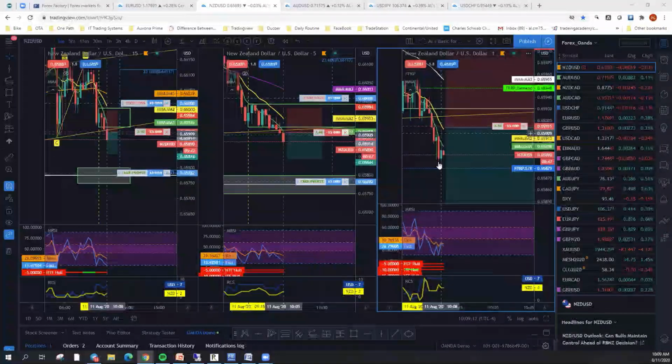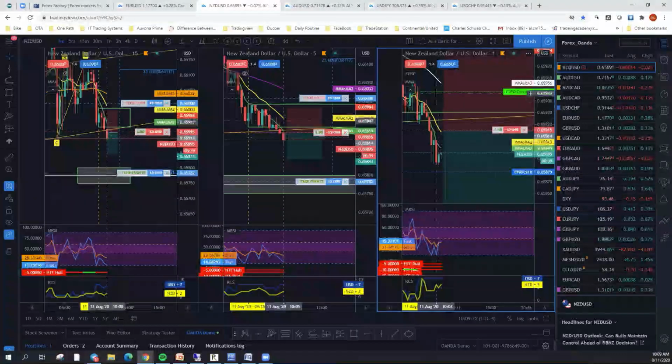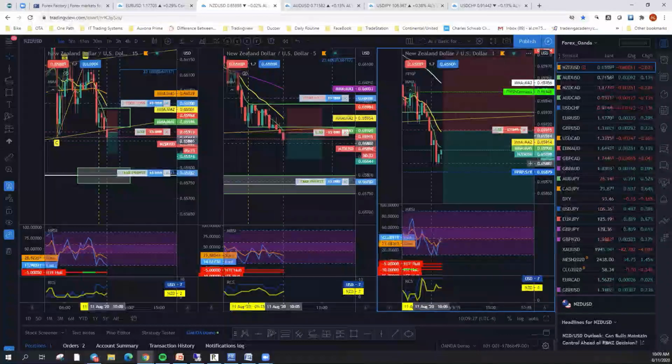We had a nice red candle. This blue candle didn't even come up halfway along the red one. This is probably going to form a little bit of a flag here. This blue candle came all the way down, wick down, came back up, and you can see where this red candle came all the way down right to the bottom where that wick was. So all the buy orders here just all got chewed up.